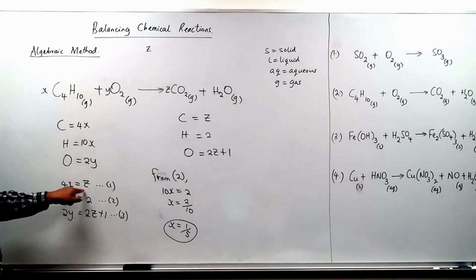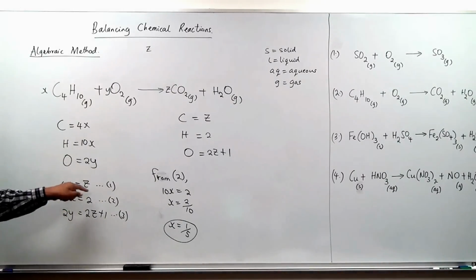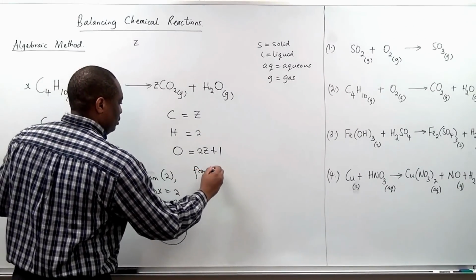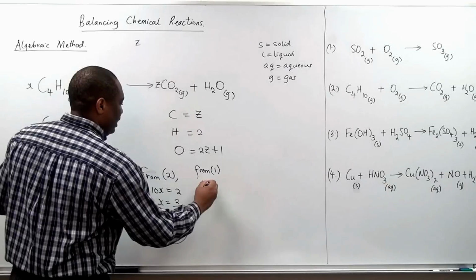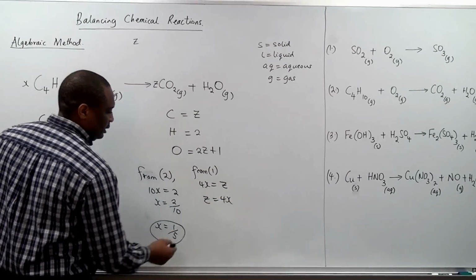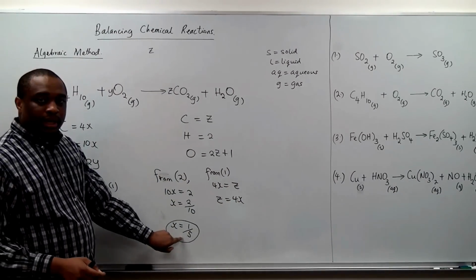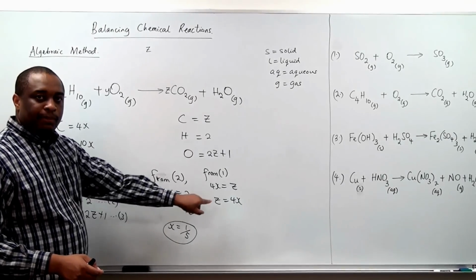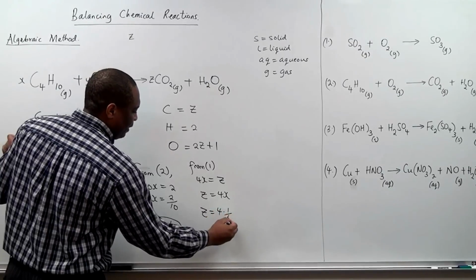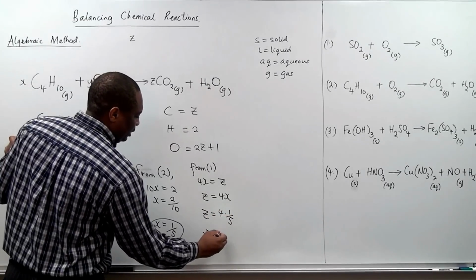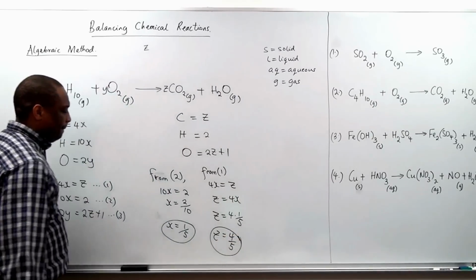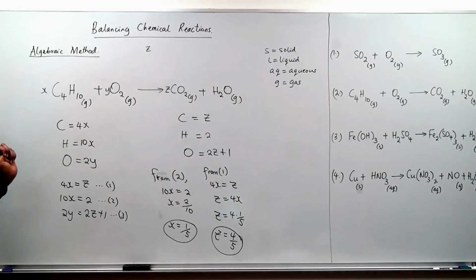We now substitute for x in equation 1. From equation 1, 4x is z, so z is equal to 4x. X is 1 over 5, so you substitute. So z will be 4 times 1 over 5, and z will be 4 over 5.